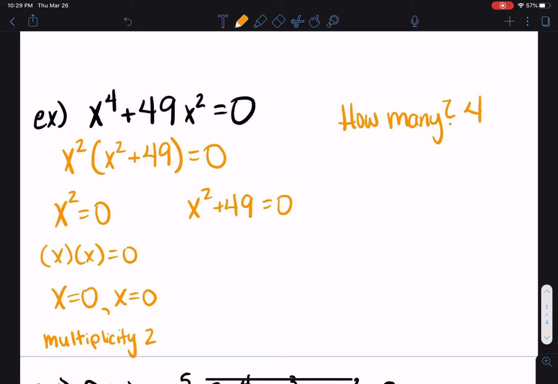Okay, so we're going to move this 49 over to the other side. So x squared equals negative 49. Square root both sides. If we're going to square root a negative, we want to write plus or minus.